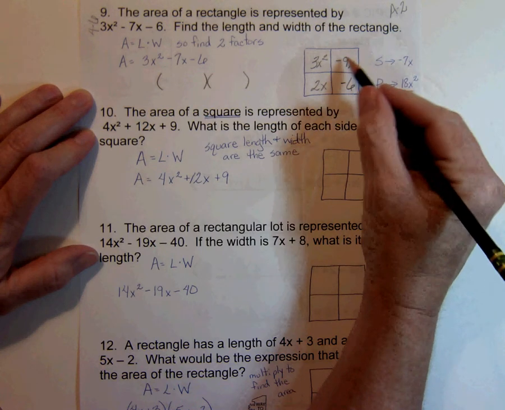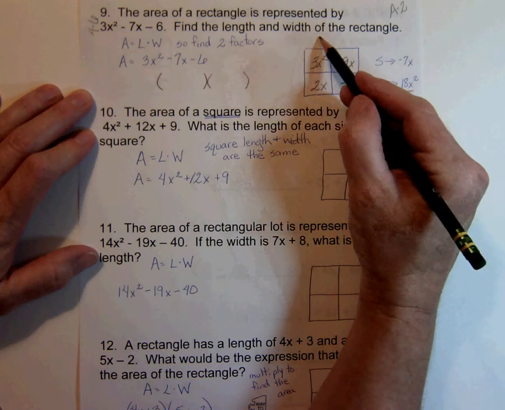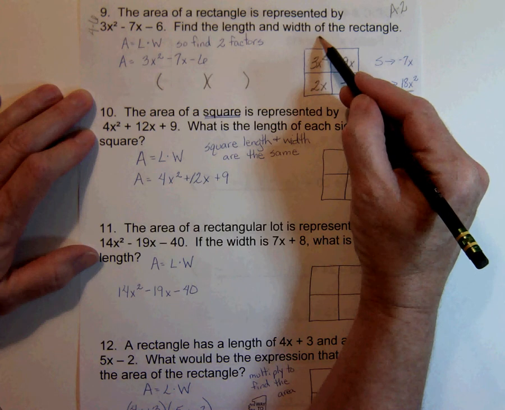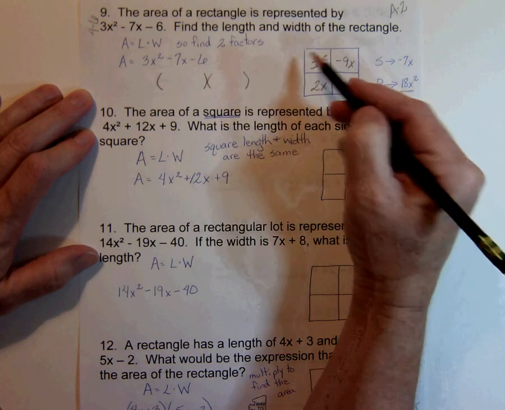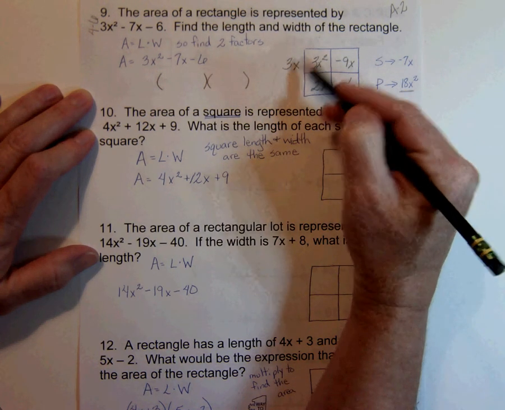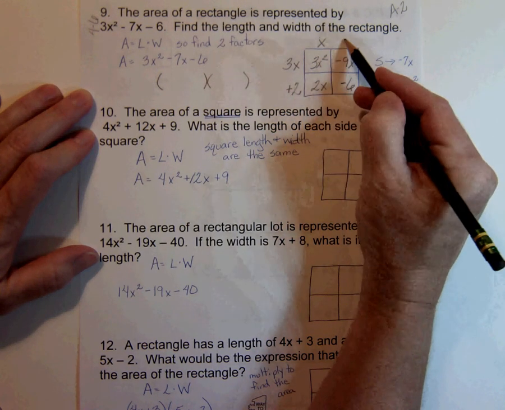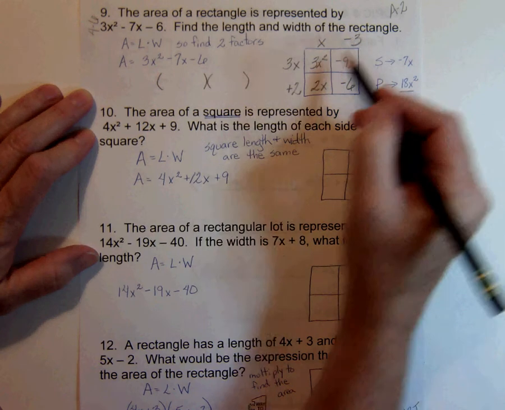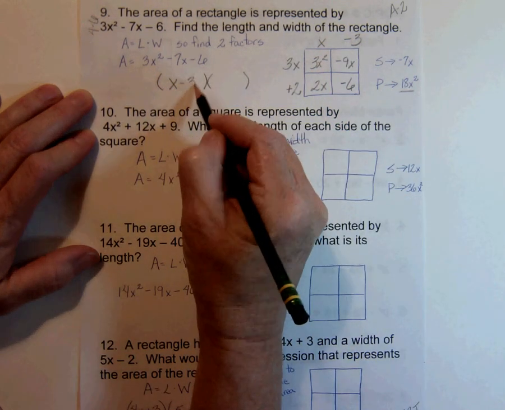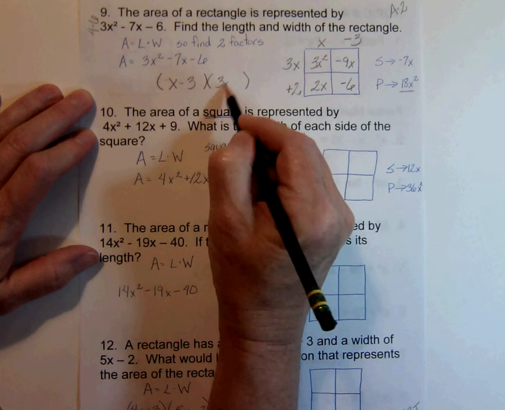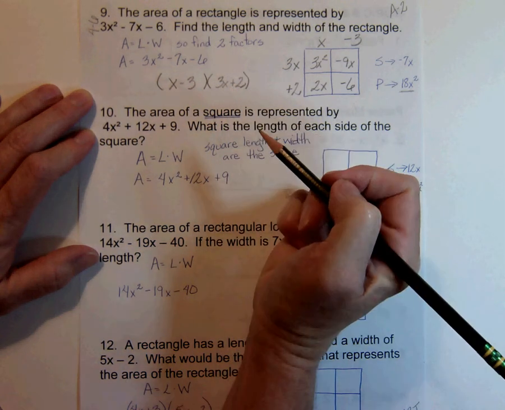So when I'm breaking it down, I'm not going to put the 3 here because there's nothing times 3 that'll give me 2. The 3x will go here, x goes here. This would be a plus 2, and this would be a minus 3. So you have x minus 3 and 3x plus 2. More practice.